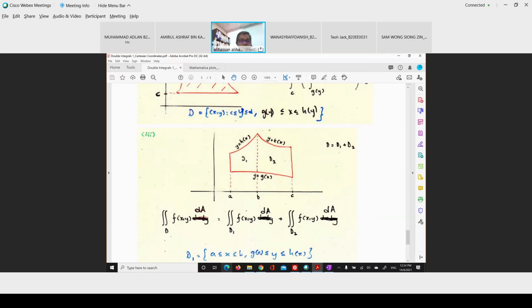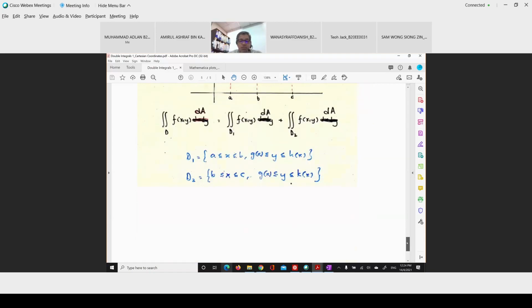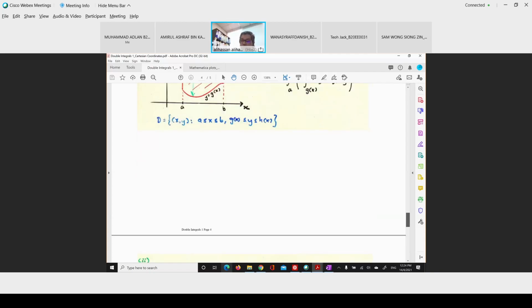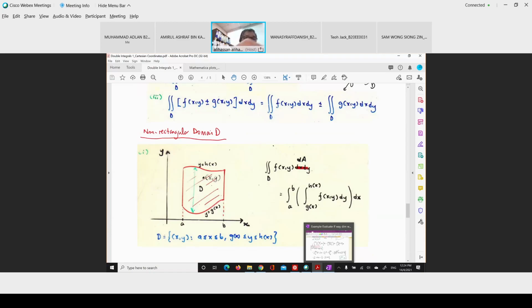Sometimes we may also have this situation here. Okay, let's look at some examples of evaluation of integrals whose domains are not rectangular.